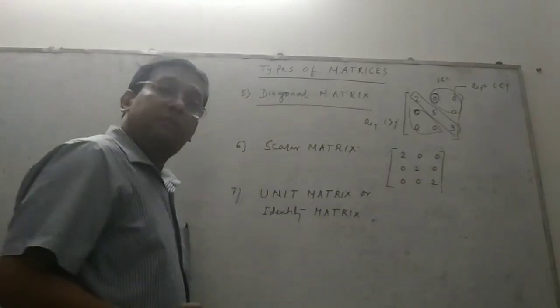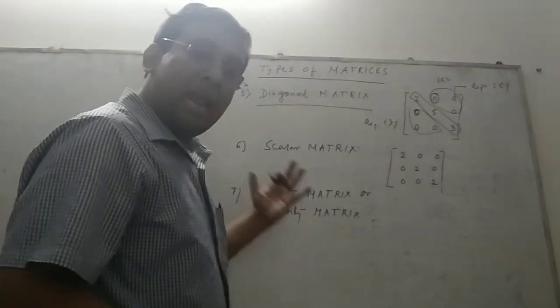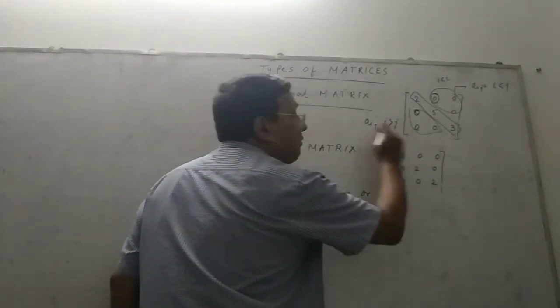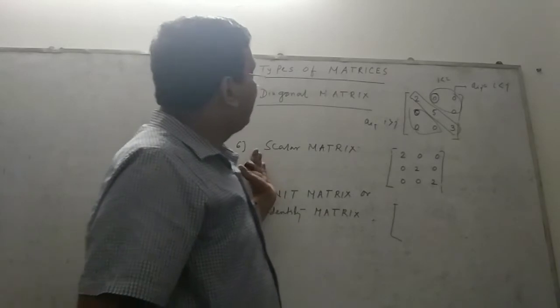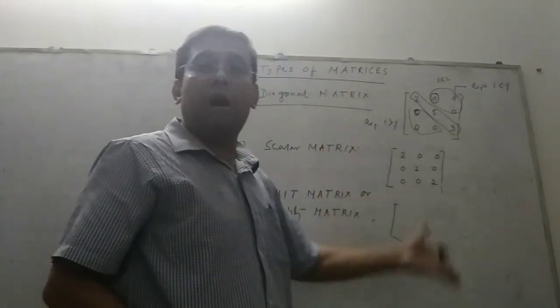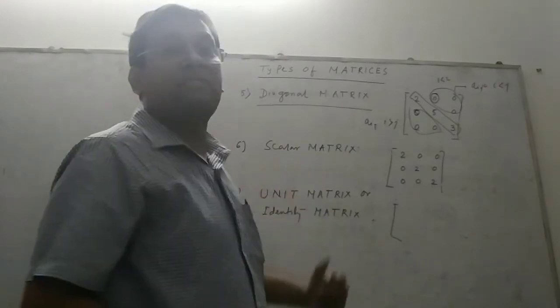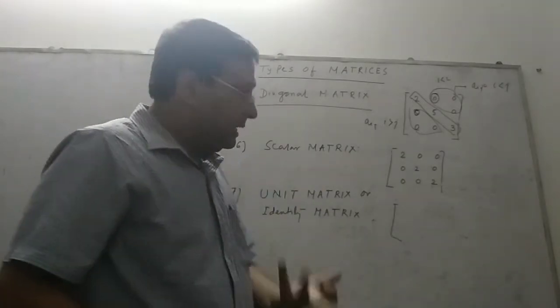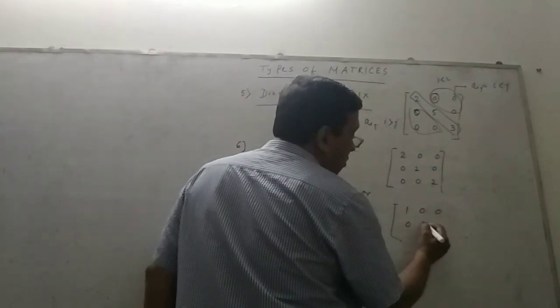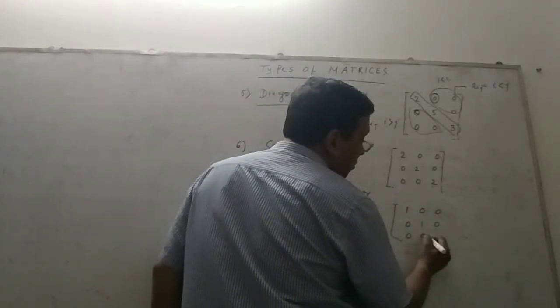The unit matrix or identity matrix is defined when the primary diagonal elements are all 1. When a scalar matrix has all diagonal elements equal to 1, that scalar matrix is the identity matrix. That is 1 0 0, 0 1 0, 0 0 1.